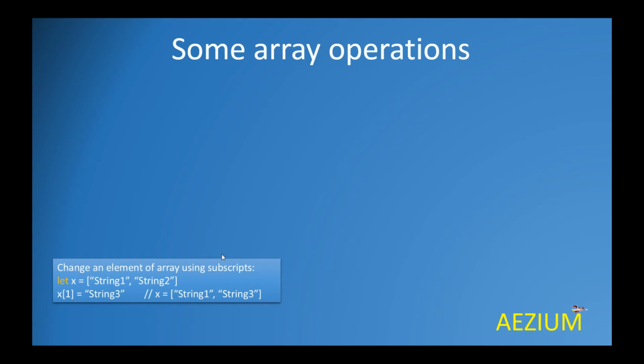We could also change an array element by using subscripts. Again, we have the same array as we saw in the previous example. Now we wish to change the second element of this array from string 2 to string 3. So we use subscripts again here, X, square brackets, and an index, and the index is the index of the value we want to change.